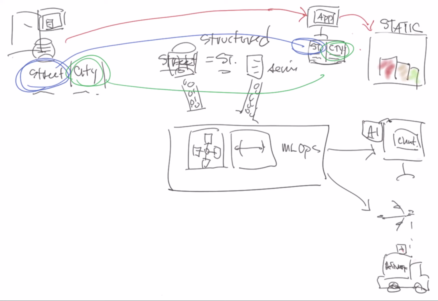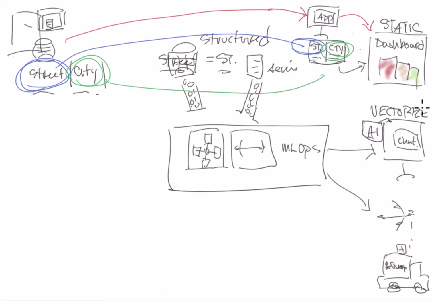Static meaning that it is a dashboard. It's a product that's producing some form of a result. So it's relatively static. Now, the information feeding into it and from this data model, those are all dynamic, right? This information could be very fluid over here. But at the end of the day, this is static, whereas AI is a generative process where it's really looking at information, and this becomes vectorized data.